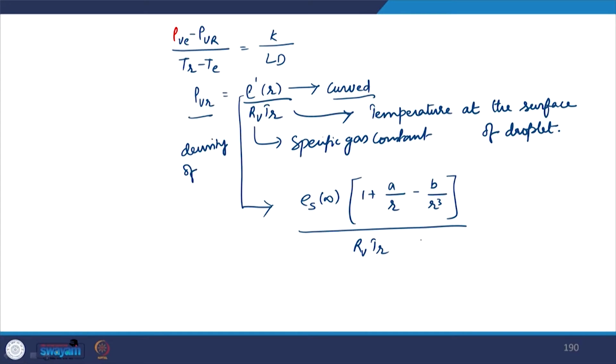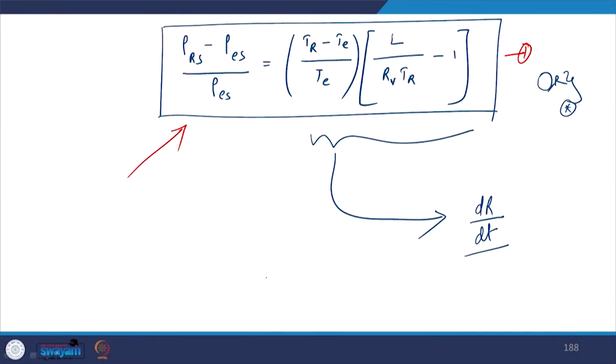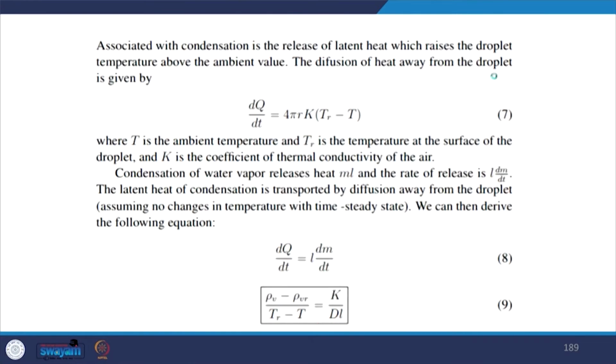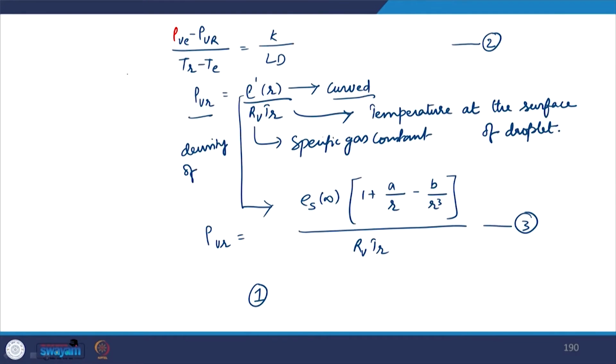So, let us say this is equation 2 now, and by the way, this is rho_v,r, this is equation 3. So, we have equation number 1, which is this equation 1, we have 2, we have 3, right.